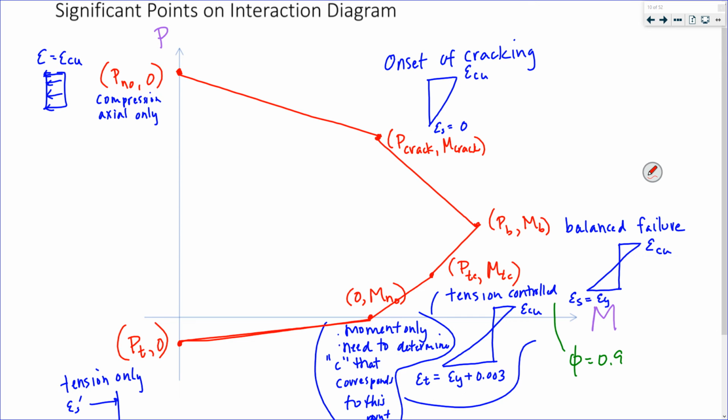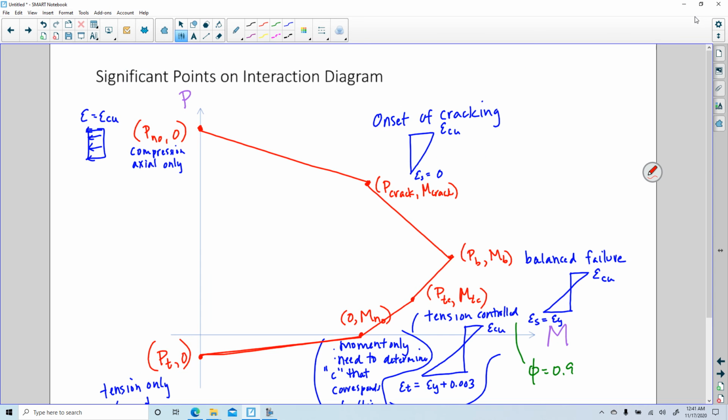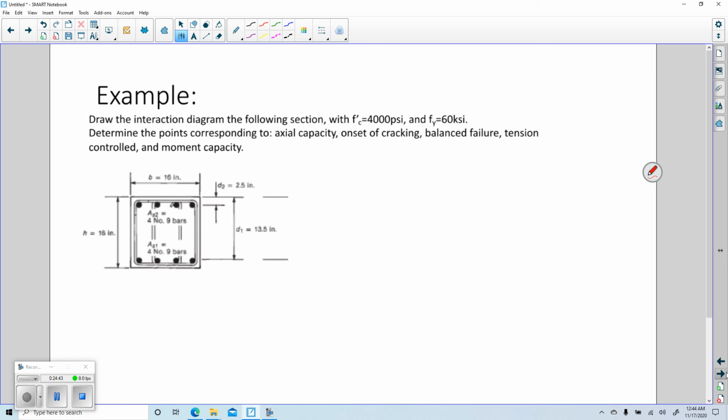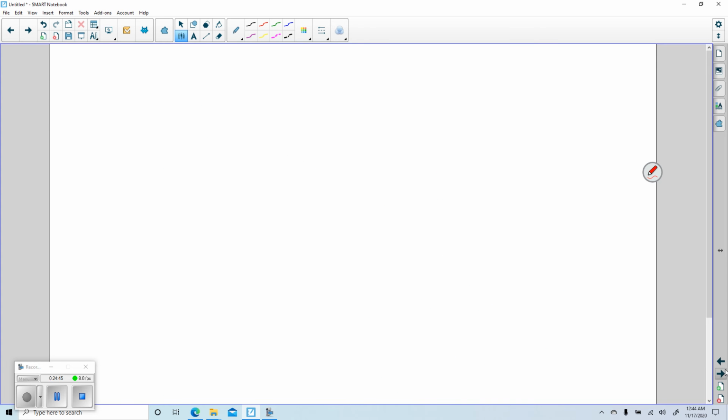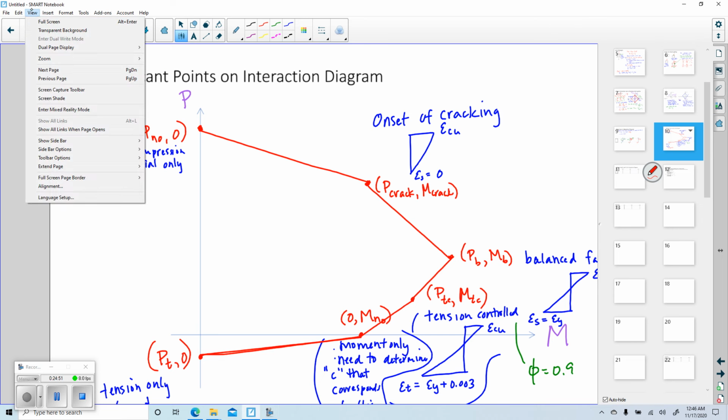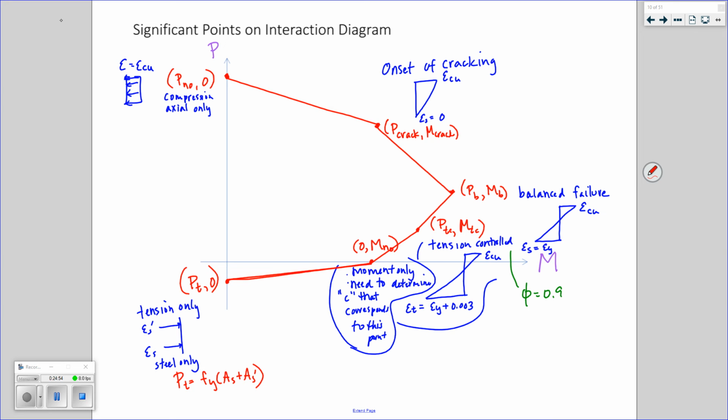So let's do an example. Okay, so our next, actually I'm going to go to, okay, if you already printed, now it's bigger.